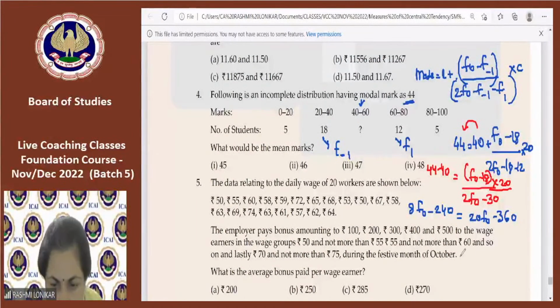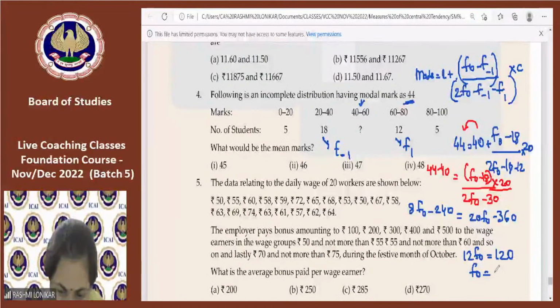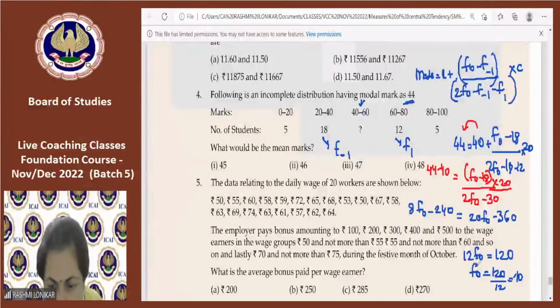So I have 20F0 minus 8F0, that is 12F0, which is equal to minus 240 when I take it to this side, plus 360, which is equal to 120. So F0 is equal to 120 upon 12. Answer is equal to 10. So I have now got F0. I found the missing frequency, which is 10.